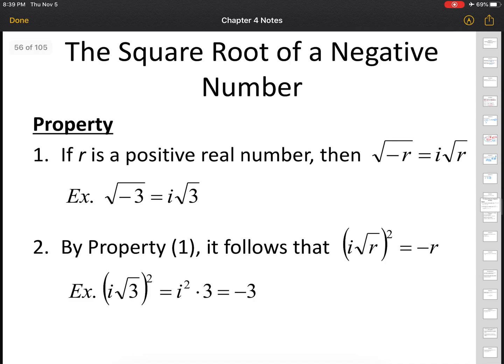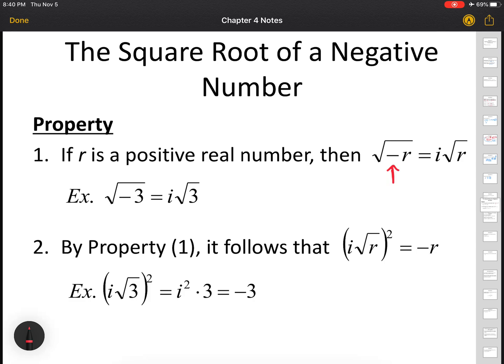Okay. We have some properties with these square roots. If we take the square root of a negative number, we know it's going to have an i in it because of that negative part in the radicand underneath the square root. So if r is a positive real number, and we take the square root of negative r, we know there's going to be an i in there because of that negative.